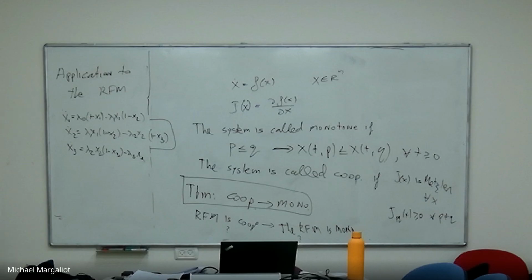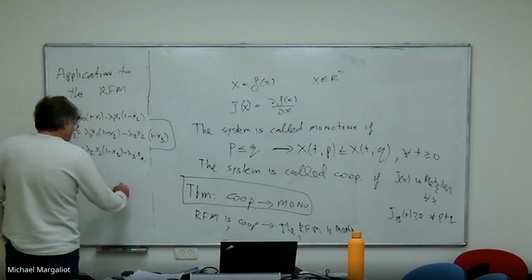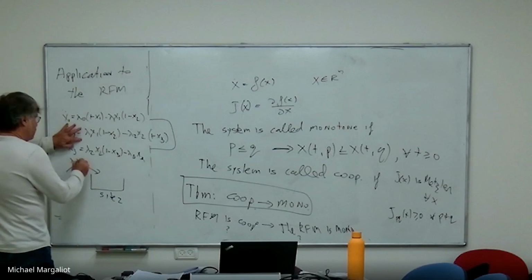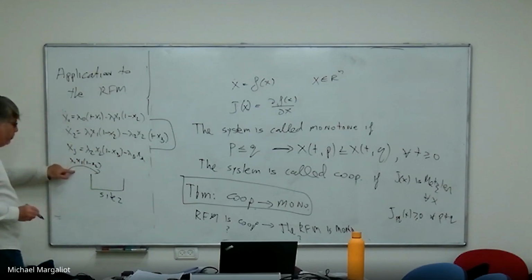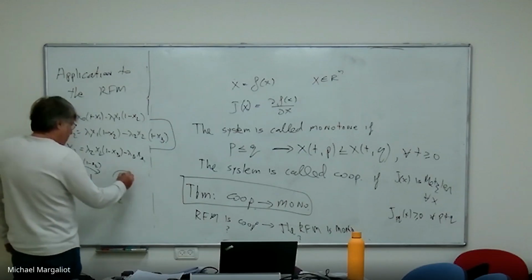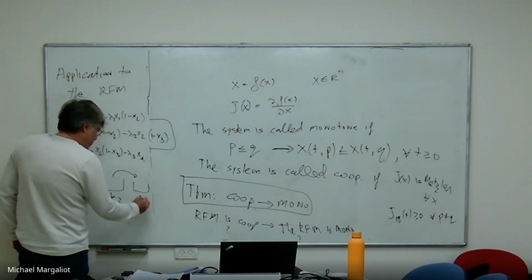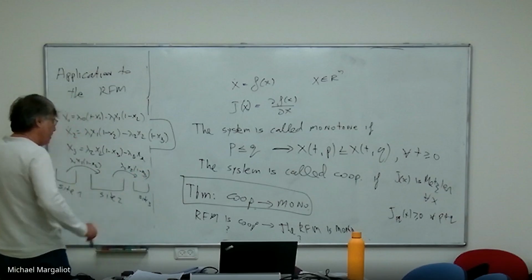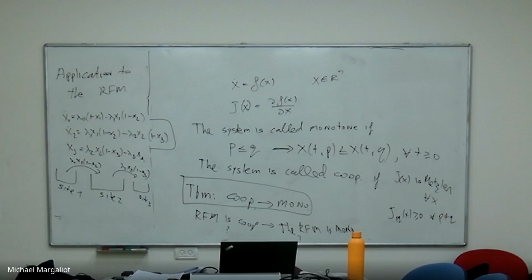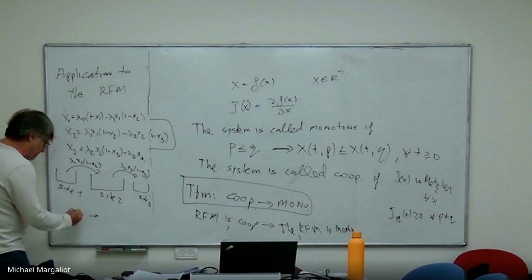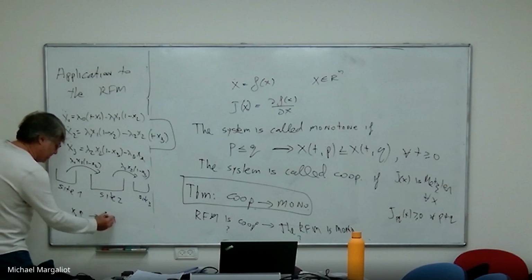So first of all, why is the RFM cooperative? Let's look for a moment at the flow into site number 2. This flow is lambda 1, x1, (1 minus x2). This is the flow from site number 1 into site number 2, minus the flow into site 3, which is this one. Now, if cooperativity holds, then when x1 increases, I should see x2 dot increases.